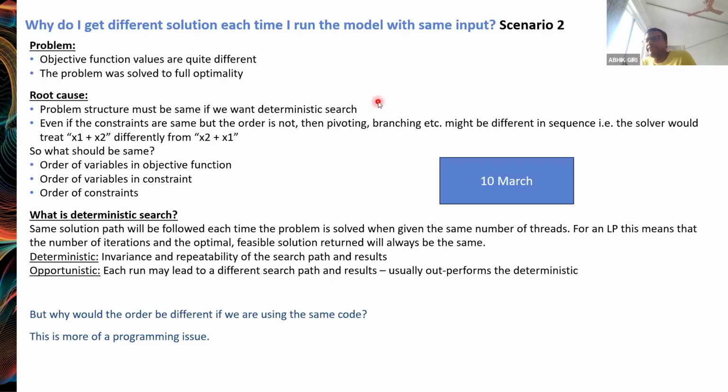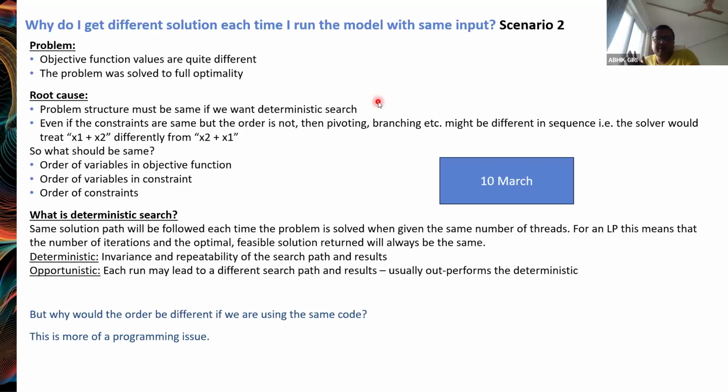Generally we think that if I have two problems which have the same constraints but in different orders, they will have the same solution. It is not always so, or not for every solver.